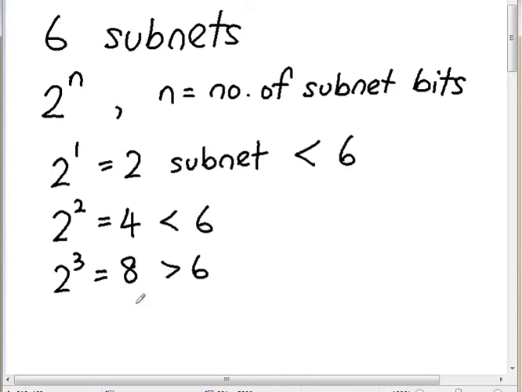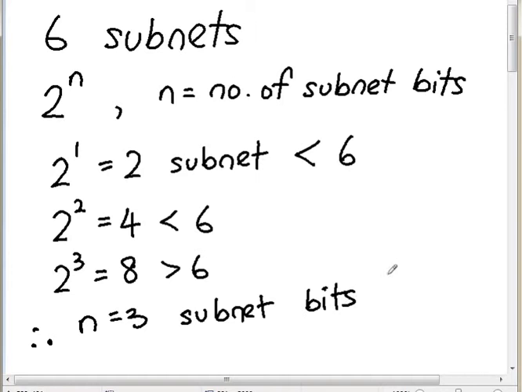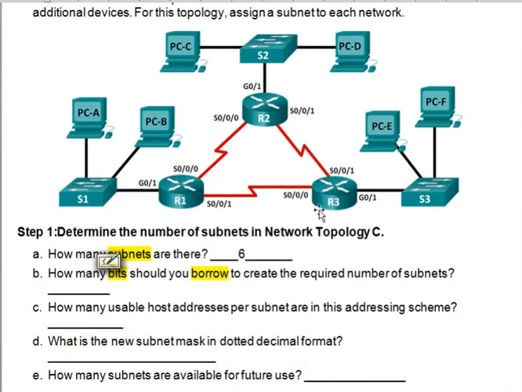So definitely we can use n equals 3 subnet bits. So the number of subnet bits for this question is actually 3. Okay, so let's try to find the answer for the next part. How many usable host addresses can we have per subnet in this addressing scheme?